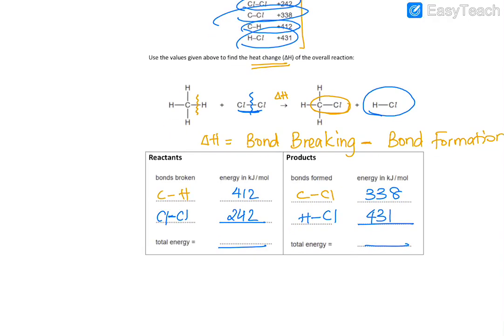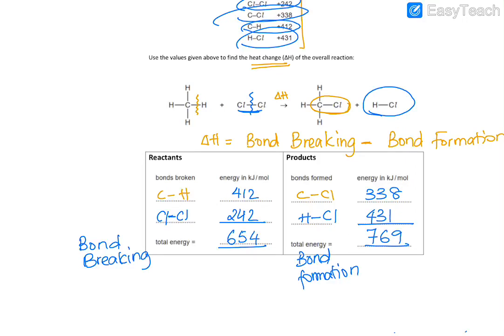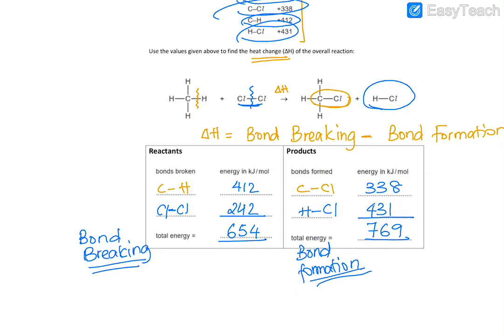So here I have bond breaking, I will get the energy in bond breaking. Here I will get the energy in bond formation. I'm not taking any positive or negative values. I'm just looking at the energy involved during bond breaking and the energy involved during bond formation.